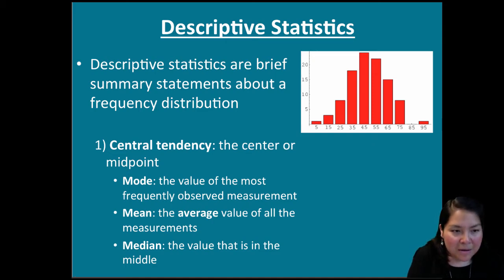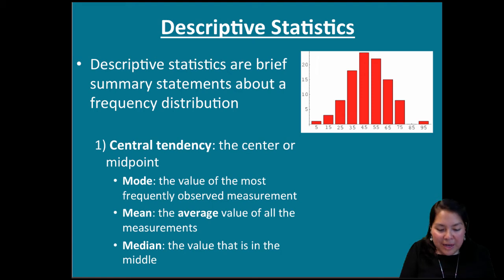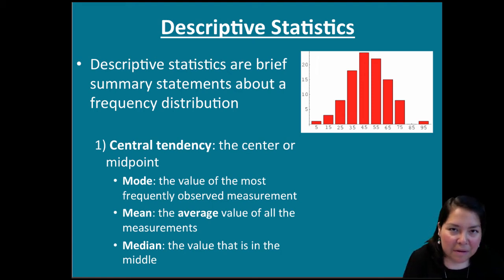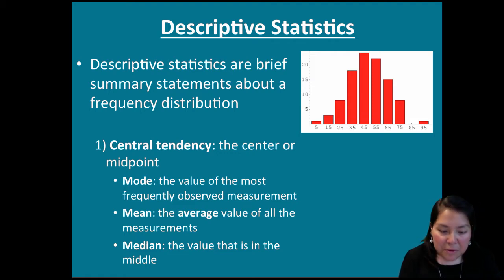Then the mean, the second measure of central tendency, is the average of the data set. It's when all of the values in our data set are added and divided by how many people were actually involved in our study. And then the median is a value that is in the middle. So we order the values from least to greatest, and the middle value is the median.